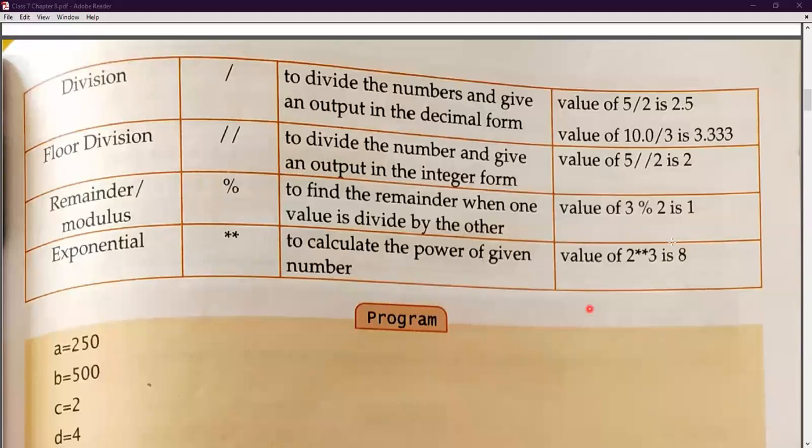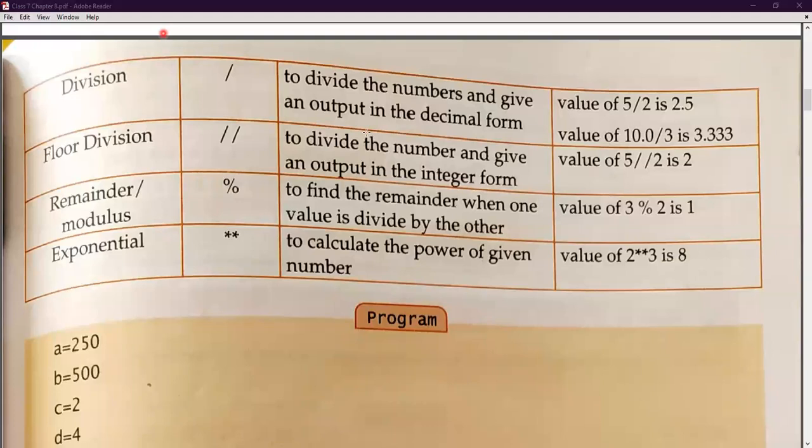Right. Okay then. Now the very interesting operator is remainder, or you can say the modulus operator. The percentage sign is denoted for the remainder, or you can say the modulus sign. Supposing you only want to display the output as your remainder. Mark my point, students. If you divide 5 by 2, who will answer me?